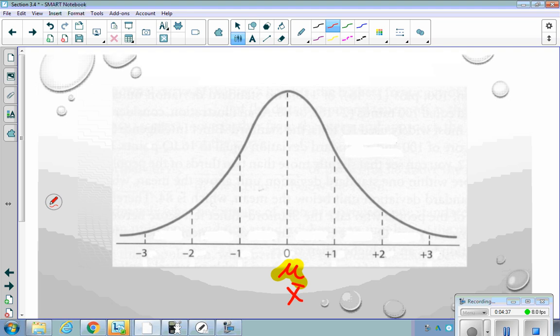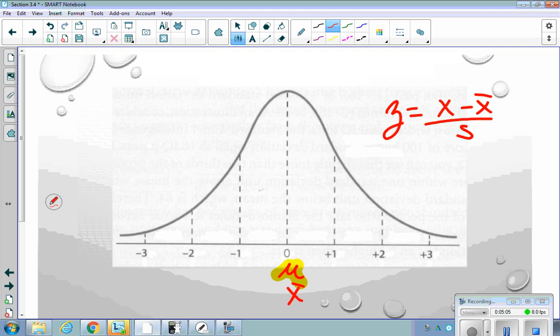It's going to be 0 for a z-score. My mean will be equated to 0 for a z-score. To make it work out with the formula, we just said the z-score would be equal to the value minus the mean divided by the standard deviation, didn't we?